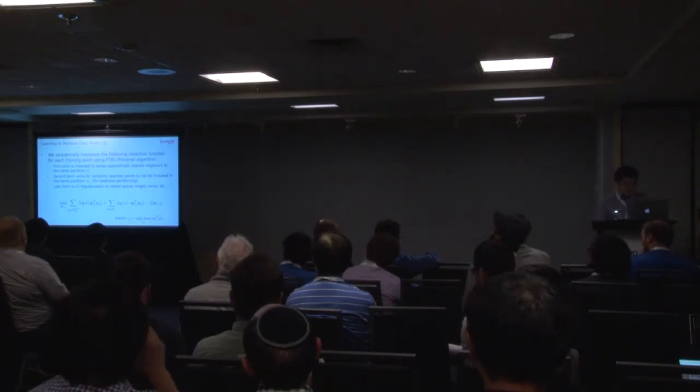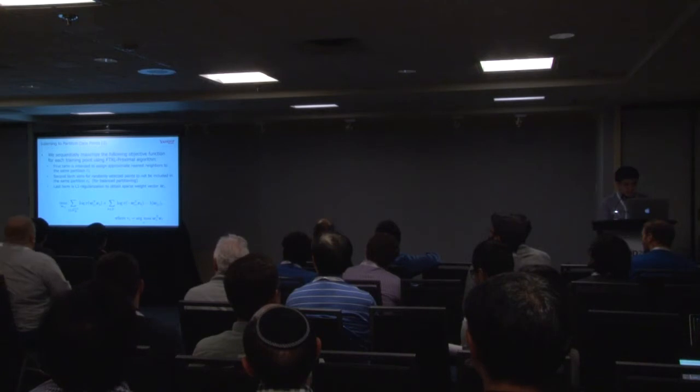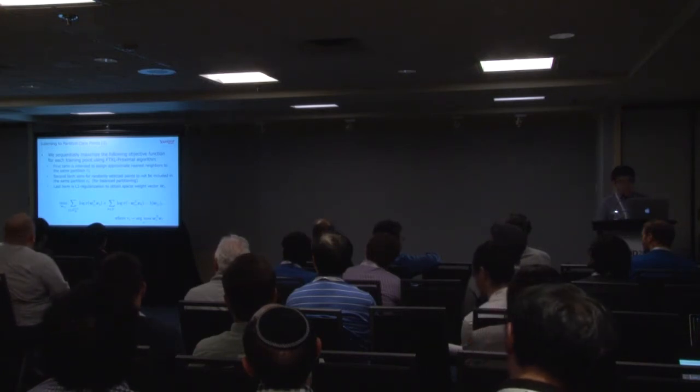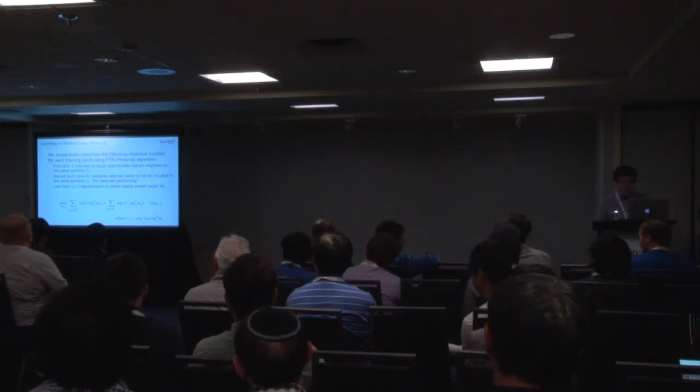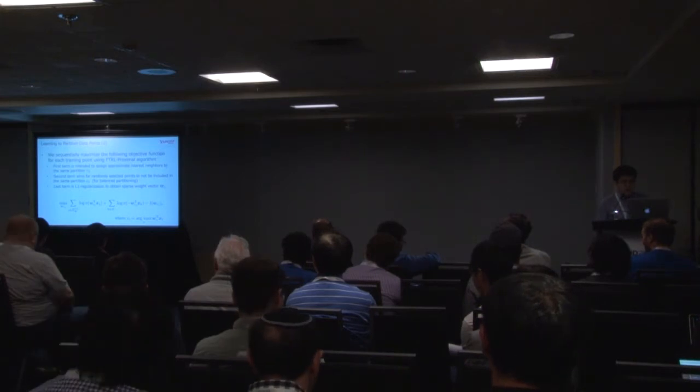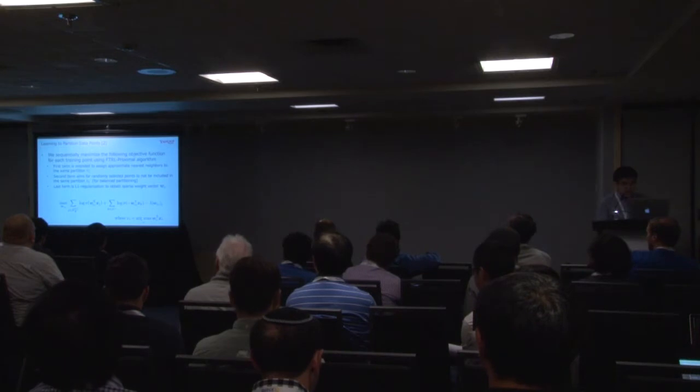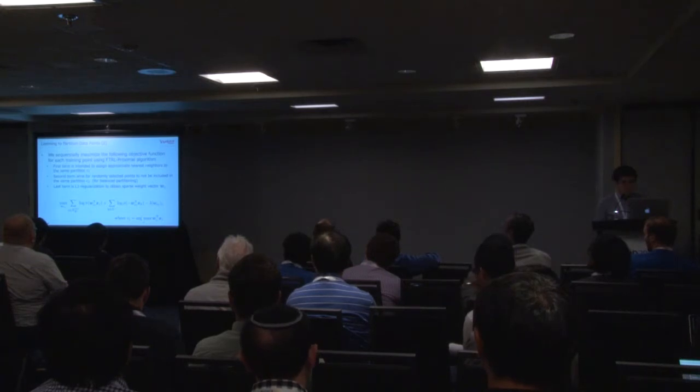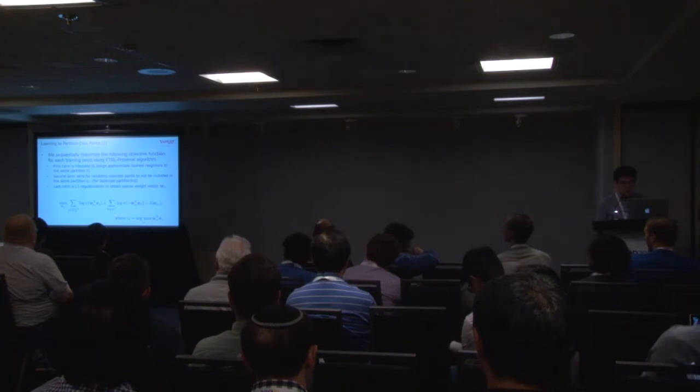Ci is a cluster assignment indicator for the ith data point by using the current weight vectors. First term is intended to assign approximate nearest neighbors of the ith point to the same partition Ci.